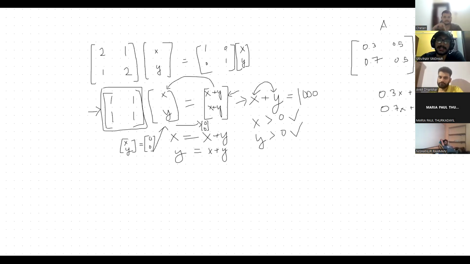But when you take any xy in the null space, which is a line, the output is 0, 0. And the only thing that can satisfy this on the left hand side is 0, 0. Only 0, 0 is being mapped to 0, 0. There is no other xy which is being mapped to xy.